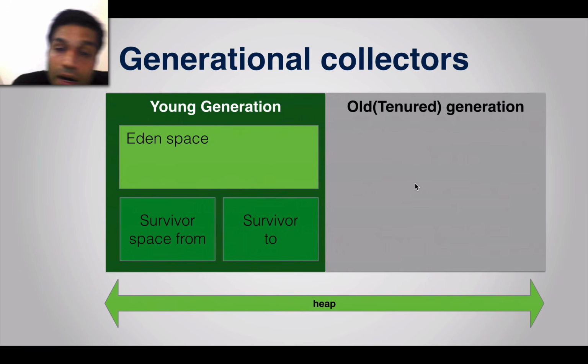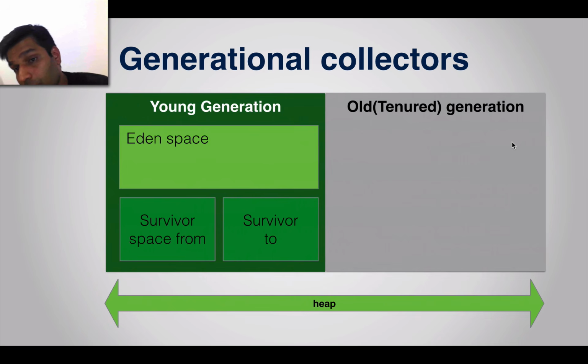Suppose you created a cache in your application, which is supposed to stay there for the application's entire life. Initially it's created in the Eden space, then moved to survivor space, and after surviving many cycles of garbage collection, that cache object will be moved to the old generation, where it stays forever if it never becomes unreachable. If it ever becomes unreachable, it gets collected by a major garbage collection, which runs garbage collection steps throughout the heap.